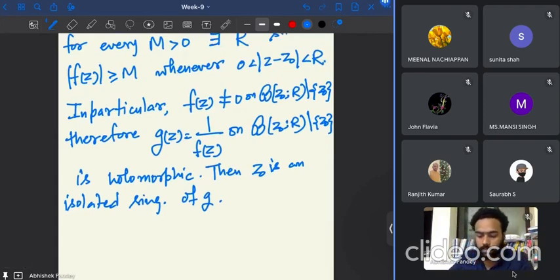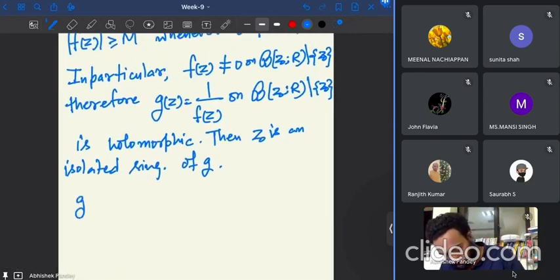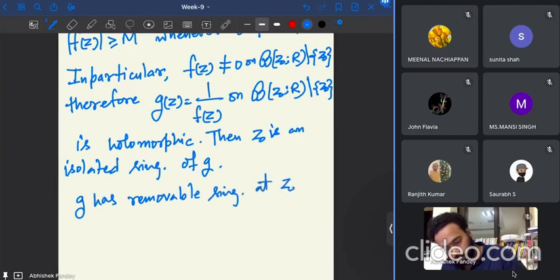So g(z) is bounded: g has a removable singularity at which point? z naught.